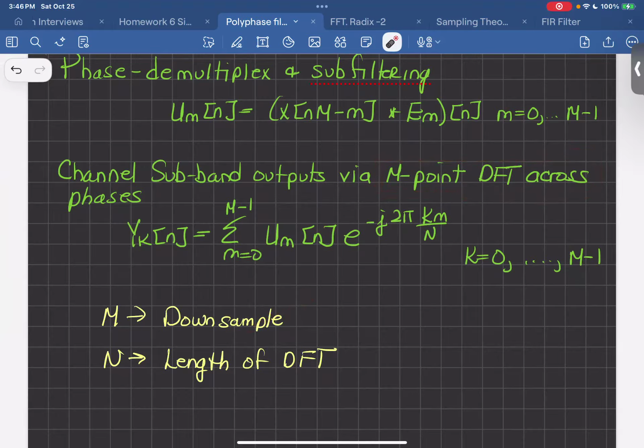And voila, you get your magical frequencies, all of them, not just one, but all of them. All right. And so here, M is your downsample parameter, N is your length of DFT.